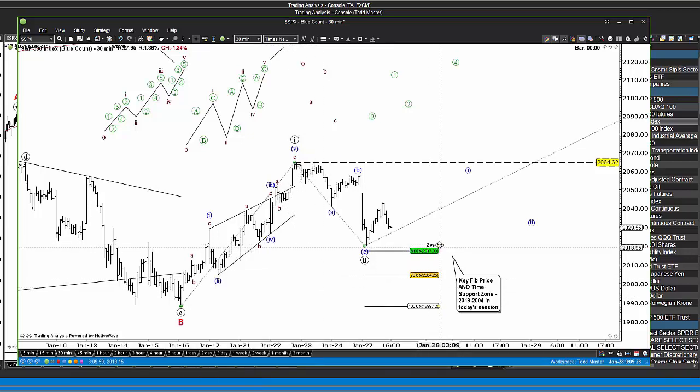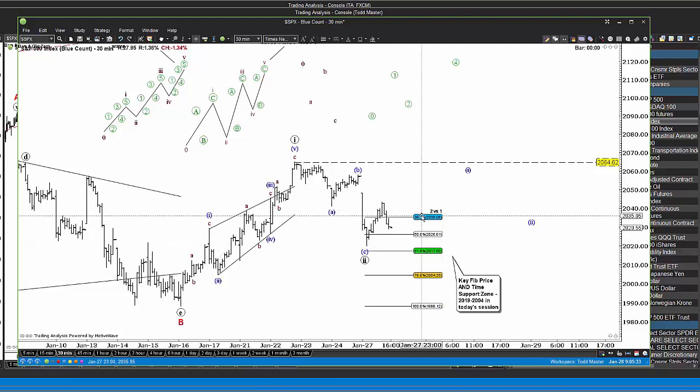And with this version, we have them color-coded. Blue means that's the earliest support level you'd expect to come in. Green is the ideal. And orange is the latest that you'd expect the move to test.